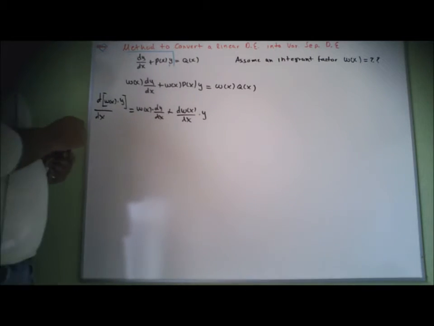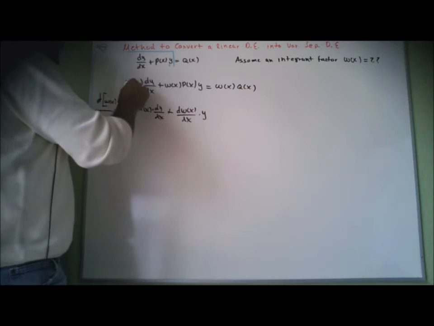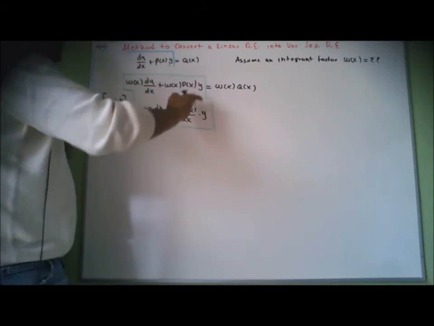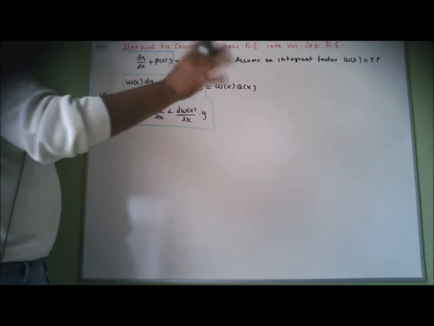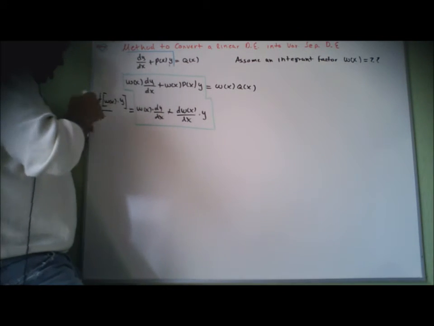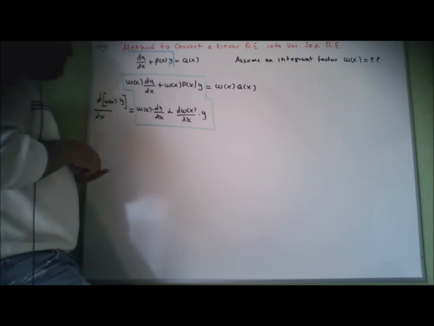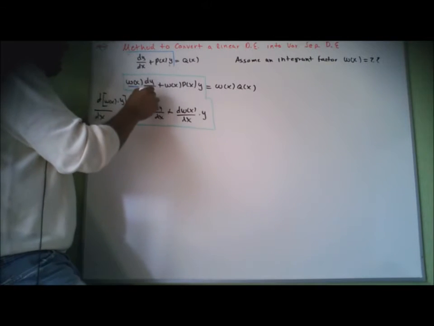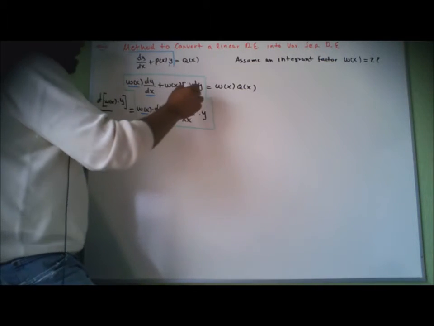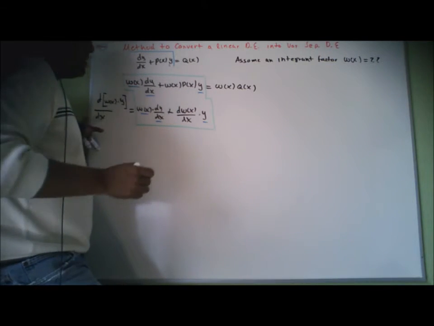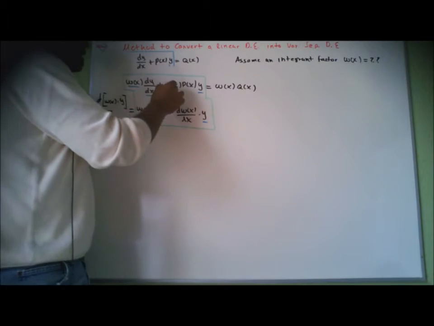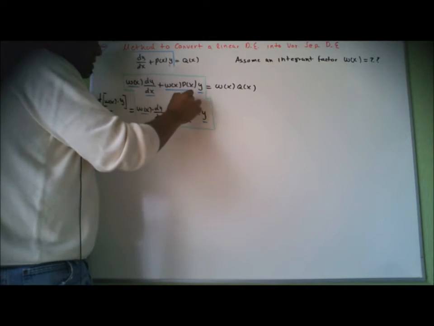Now again, how close are these two expressions? Disregard what happens on the left and on the right side. Just focus on here. You can see here that w of x and the derivative of y with respect to x are the same, and here the y is the same as this one. So the only thing left for this to be equal to this is that this is different than this.